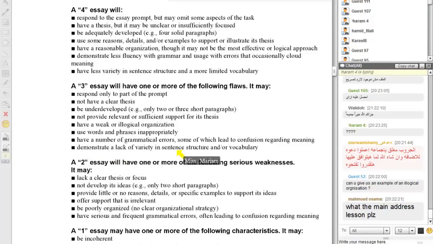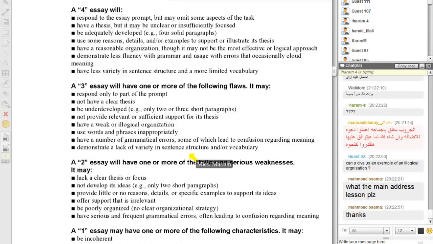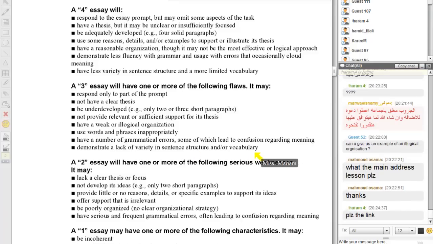To demonstrate a lack of variety in the sentence structure or vocabulary, your structure is very weak and your vocabulary is very weak. You don't have any unique words to use in your essay. For example, some people would describe something by saying very big, but they can't say massive influence. You have to use rich words.